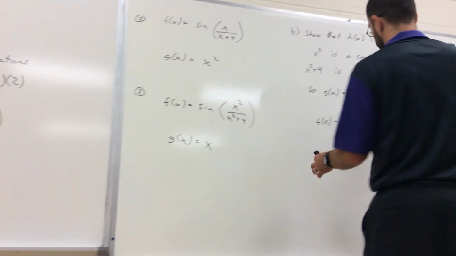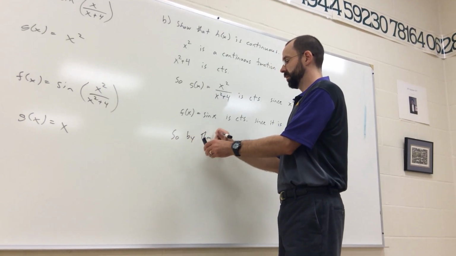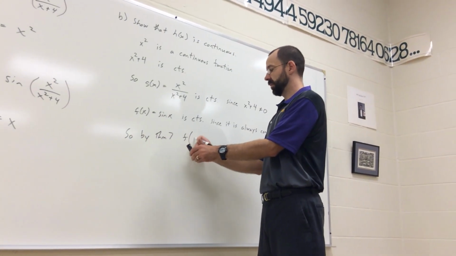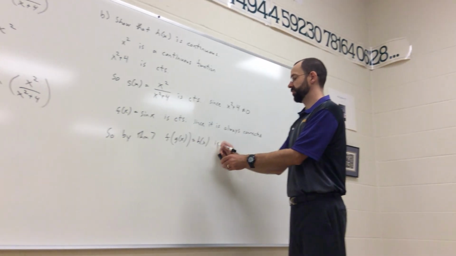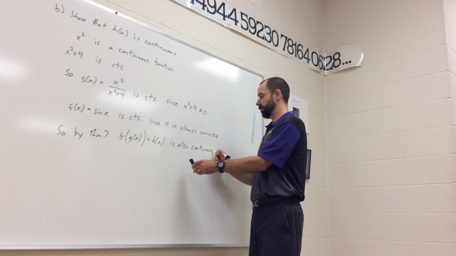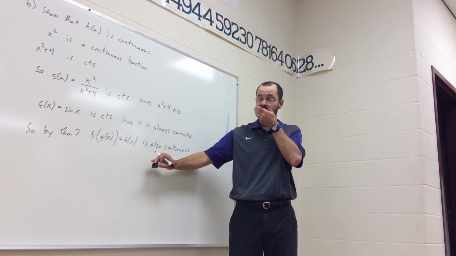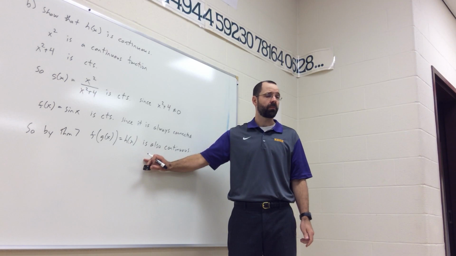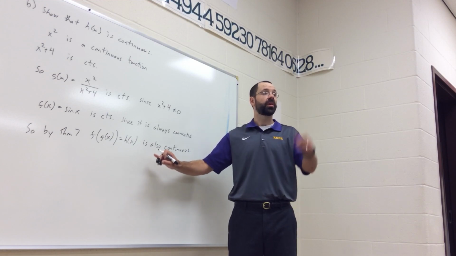So now, since I have these separately, by Theorem 7, f of g of x, which is equal to h of x, is also continuous. Is that making sense to everybody? Yes, Lauren.